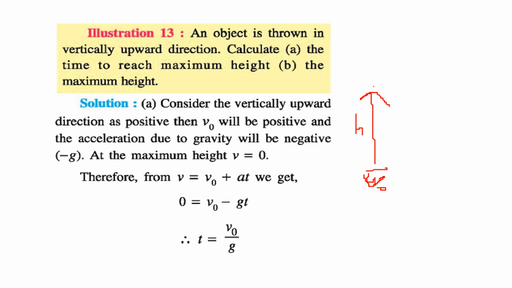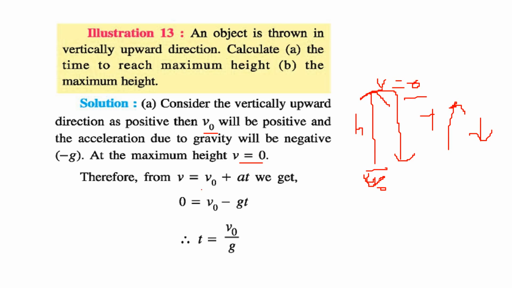And at the highest point, v will be 0, because after this it will momentarily be at rest, or 0 velocity, and then it comes back to us. So the upward direction we consider as positive, then v0 will be positive, and acceleration has to be negative. We know that the maximum height will be reached at v equal to 0.